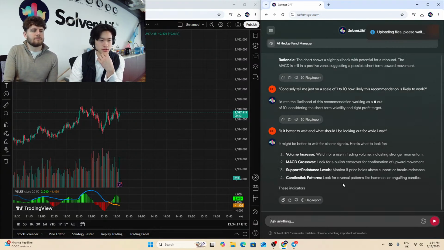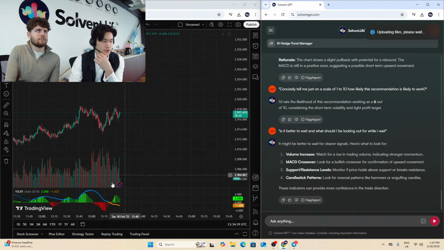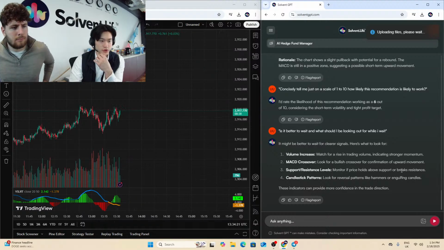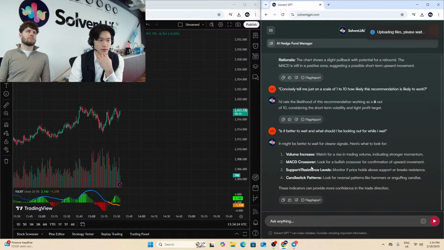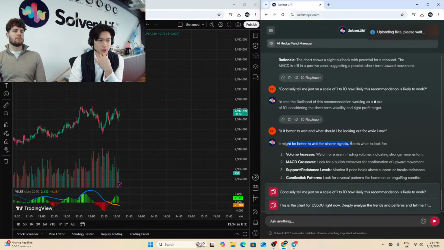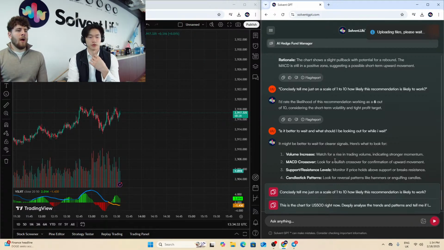Volume increase. MACD crossover. Monitor if price holds above support. Might be a better idea to wait, it says. Look for reversal patterns like hammers or engulfing candles.